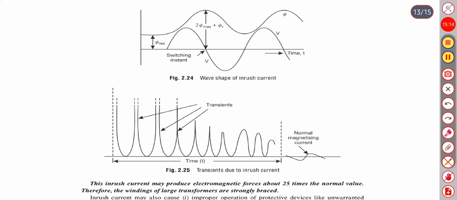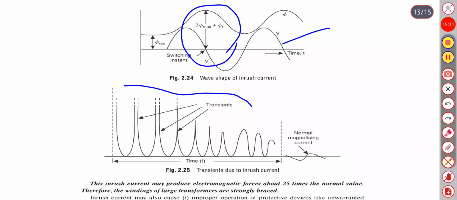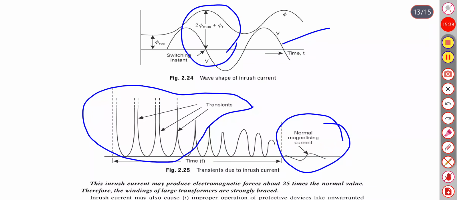So here you can see this is the total value of flux produced. It is 2 phi m plus phi r, and this is the waveform of V, and this is called the transients, and this is the normal magnetizing current.